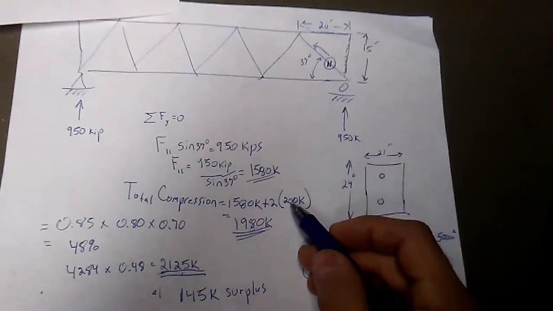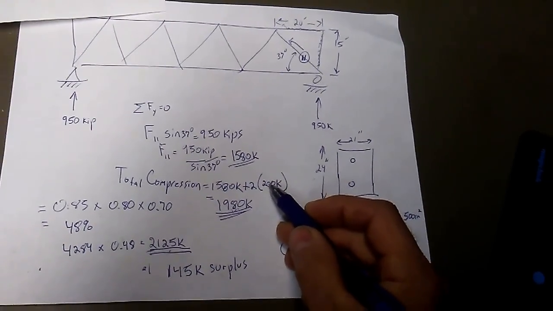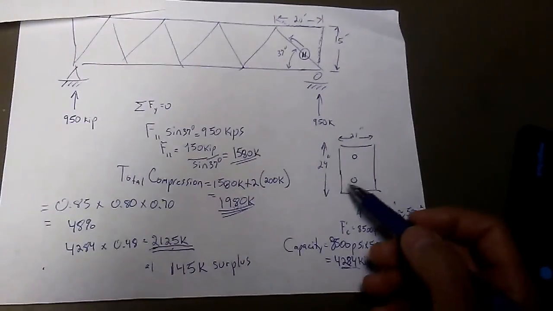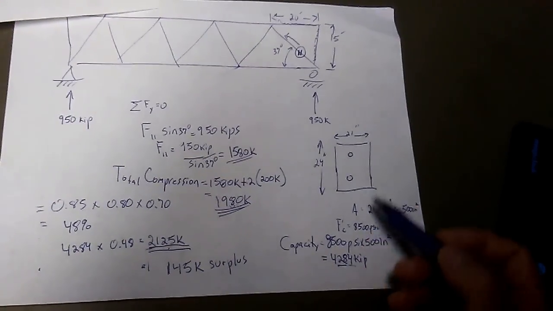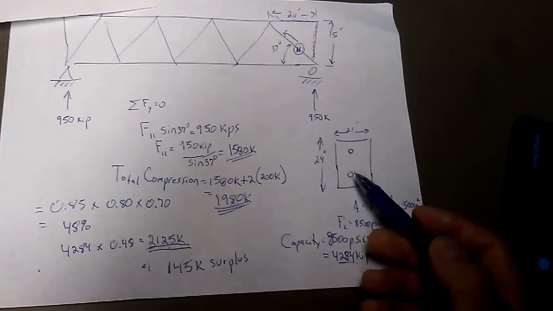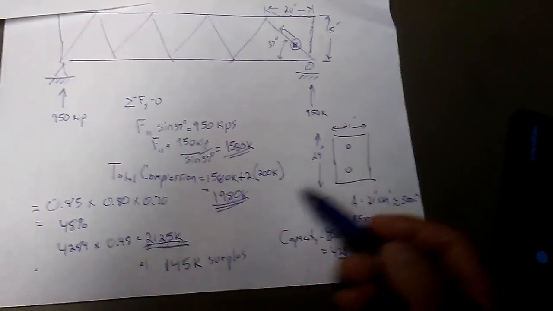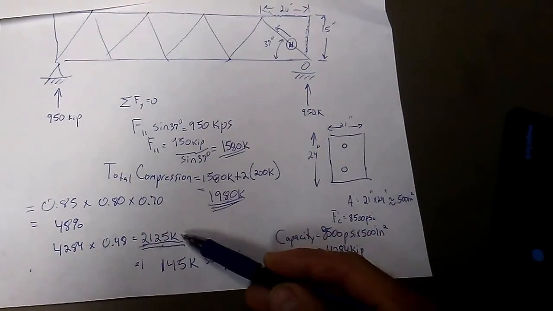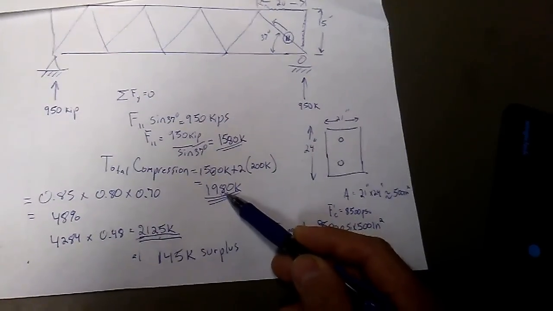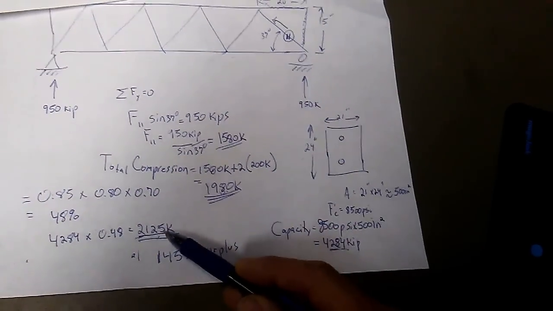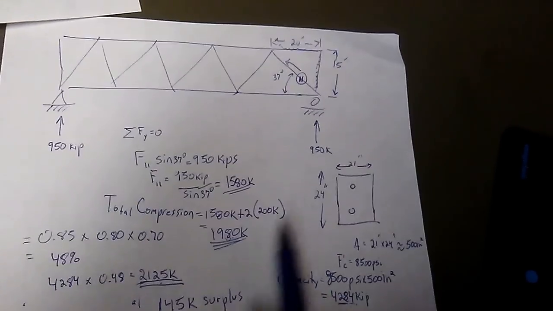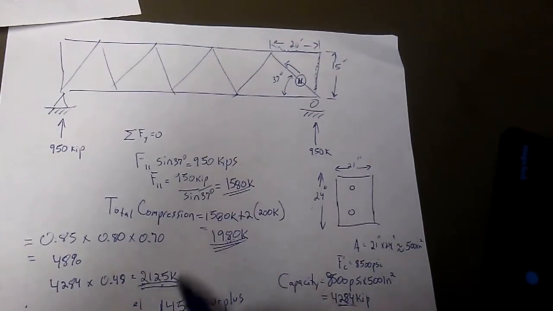So each bar can go up to 400 kips, and we're at 200 kips. If I take one bar and tension it to 350 instead of 200, I'm going to exceed my capacity. If I add another 150 kips to that, my design isn't working.